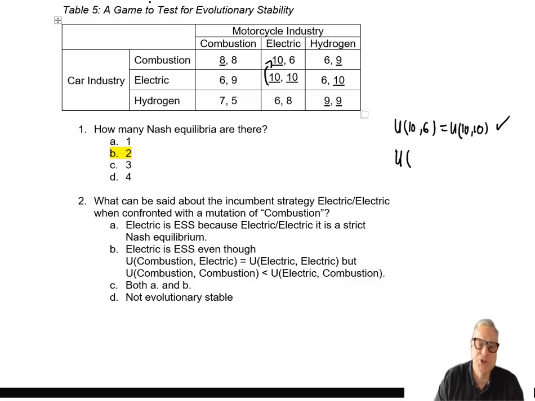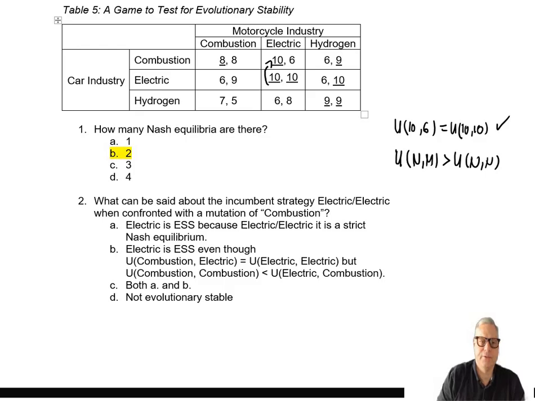If somebody who still plays the incumbent strategy N meets a mutator, then the strategy is said to be evolutionary stable if the person that still sticks to the incumbent strategy gets a higher payoff than what the player would get when playing against mutators.